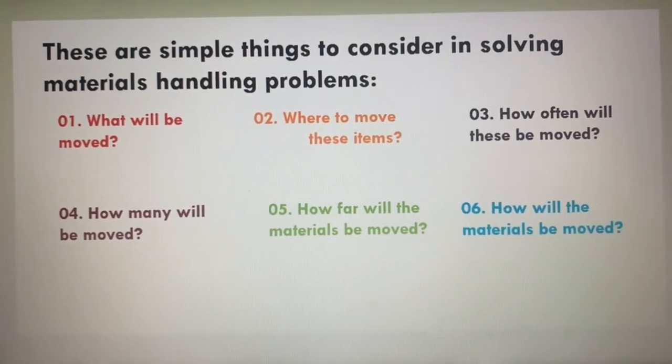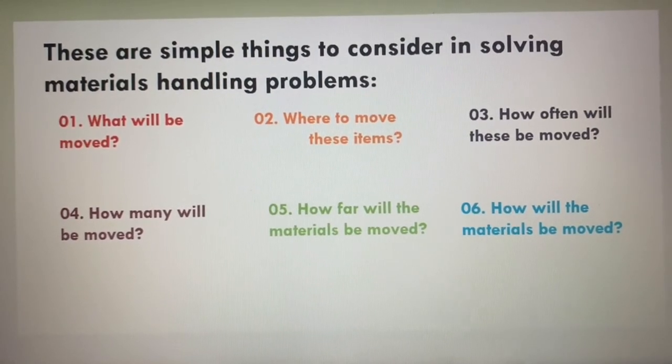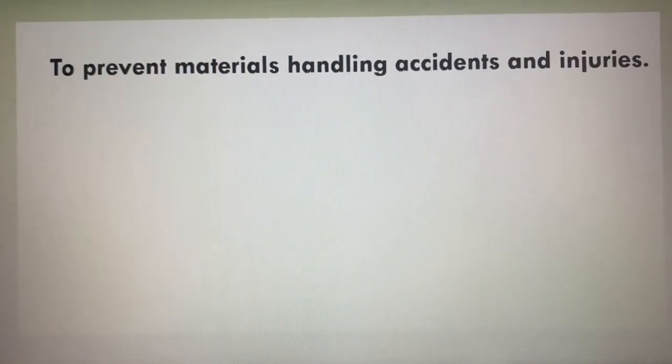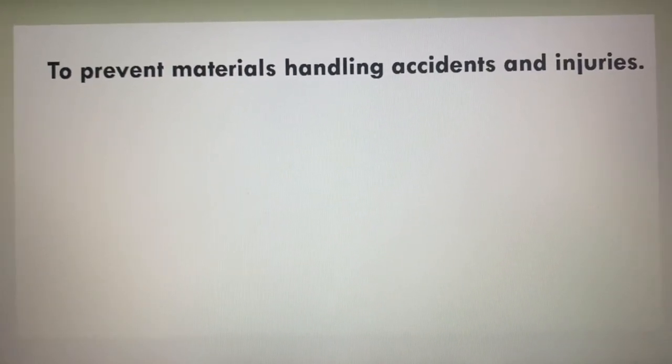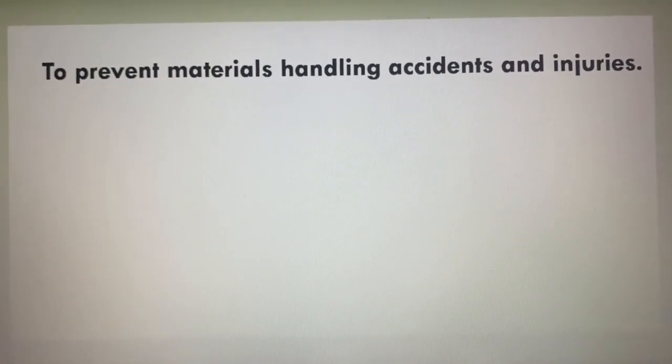And number 6, lastly, how will the materials be moved? We can use manual or mechanical handling depending on the circumstances and the characteristics of the materials. With the help of these guidelines, possible injury to you or your co-workers can be eliminated, and total protection for materials when handling and storing them can be ensured.